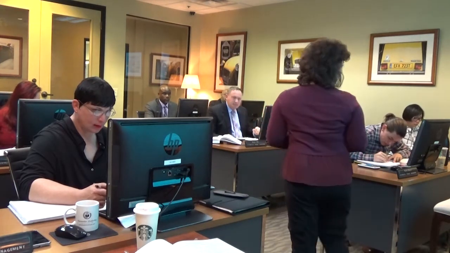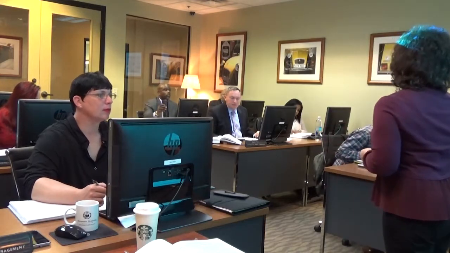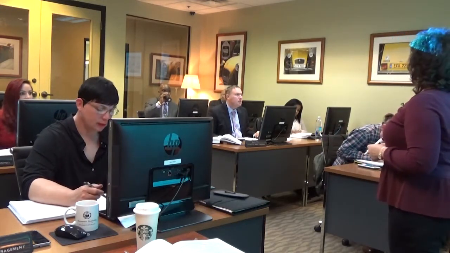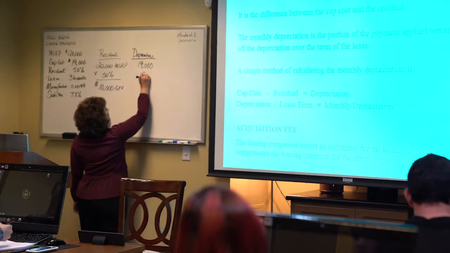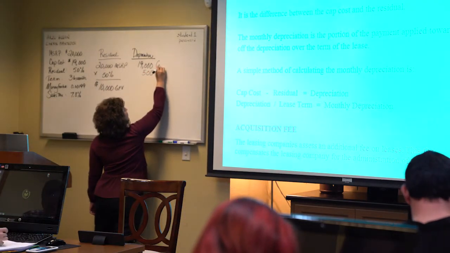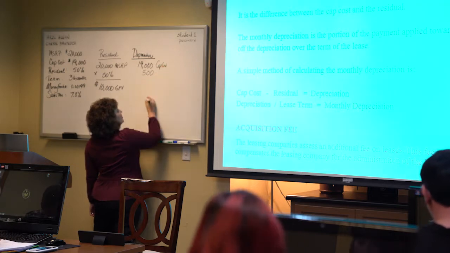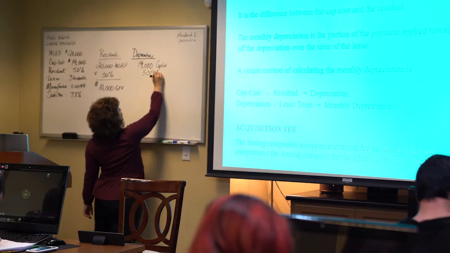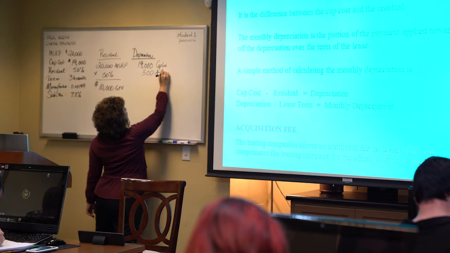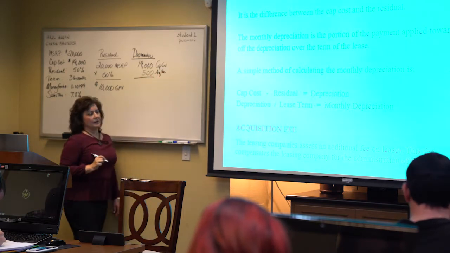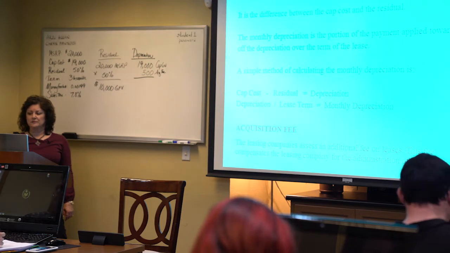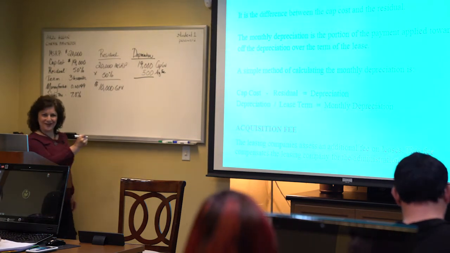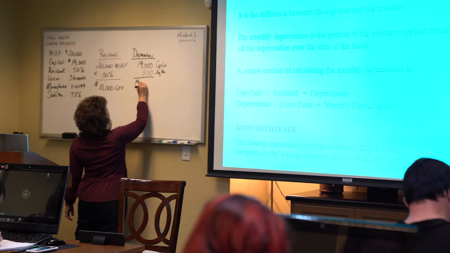This particular one happens to be, how much? $500. So I'll take cap cost plus acquisition fee and I will add those together, which will give me my gross, $19,500, gross cap cost.